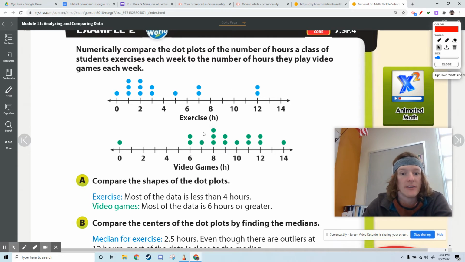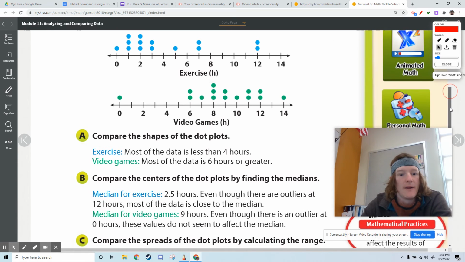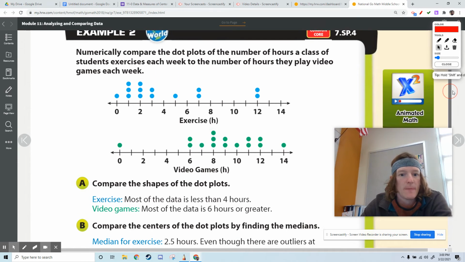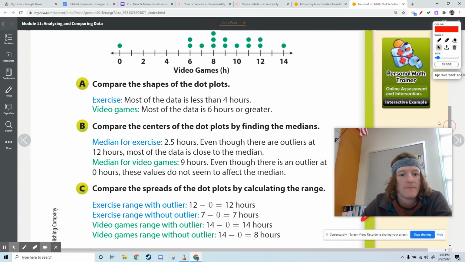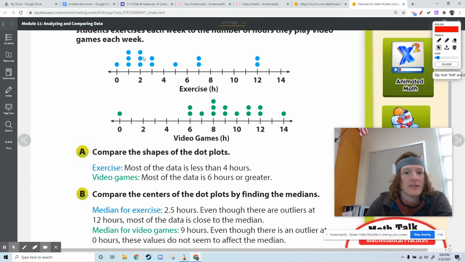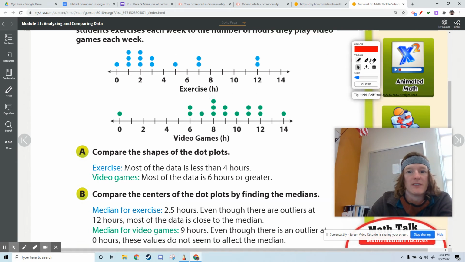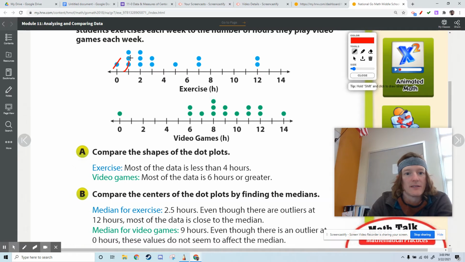These ones are clearly obvious. This one has small numbers. This one has big numbers. Comparing the centers, that's where we'd find the medians. The median for exercise is 2.5 hours. So our median is about right here. If we did the median, we'd end up with 2 dots. I think I should do an example. 1, 2, 3, 4, 1, 2, 3, 4. And we have 2 dots. We have a dot at 2 and a dot at 3.